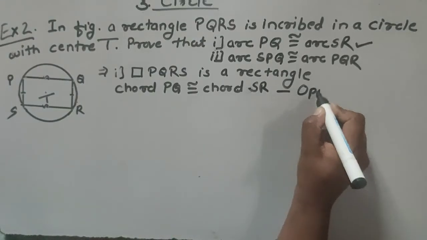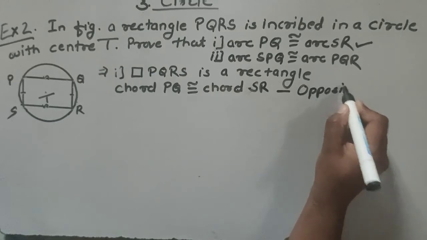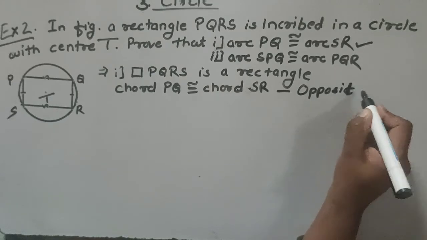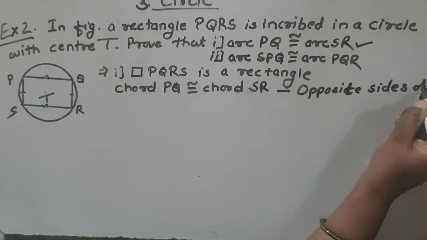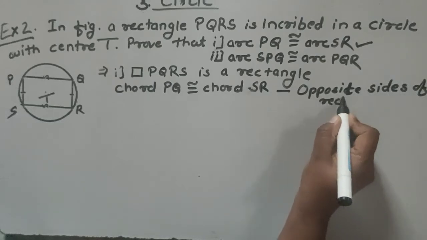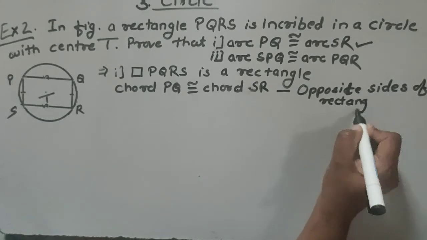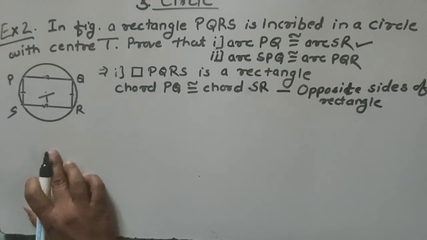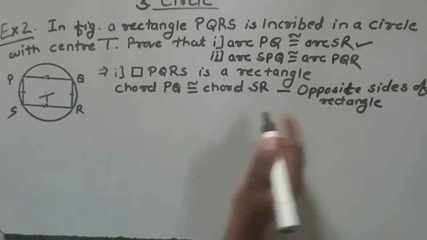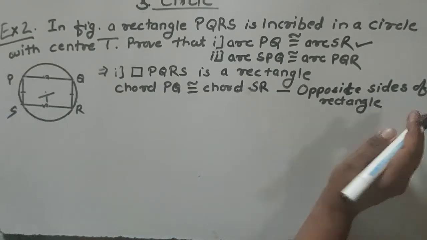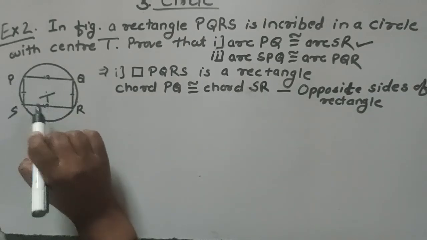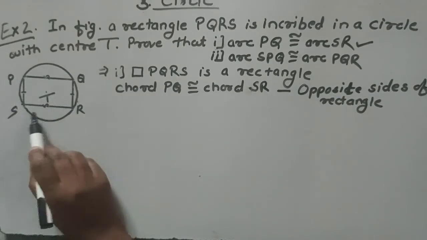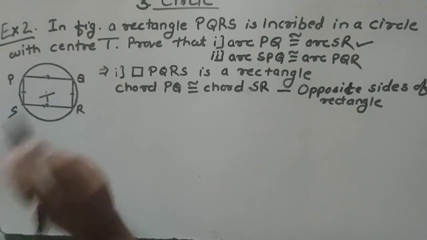Reasons are very important. All of you always write them down: opposite sides of a rectangle. The property of a rectangle is that opposite sides are congruent and also parallel, so from that we use the congruence. Now, if chords are congruent, then corresponding arcs are also congruent.